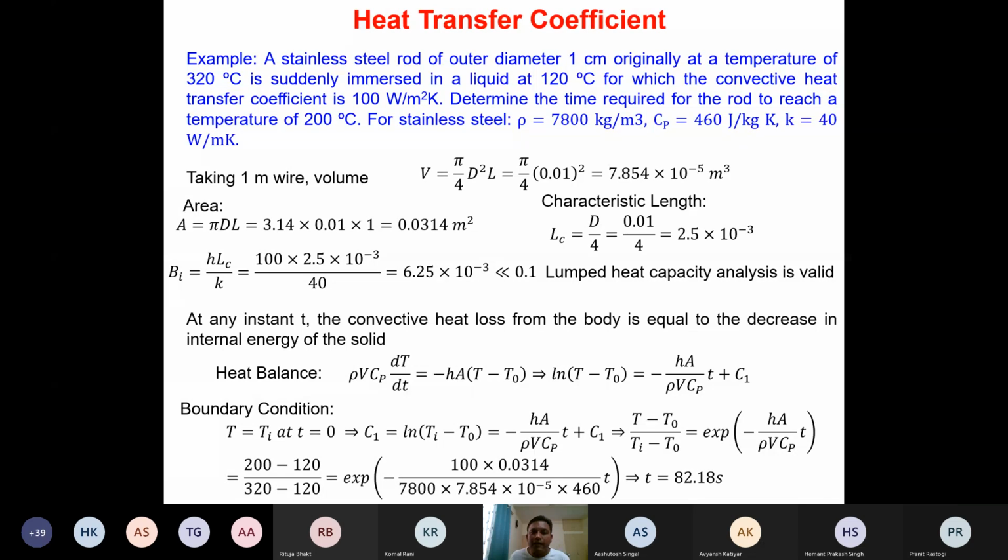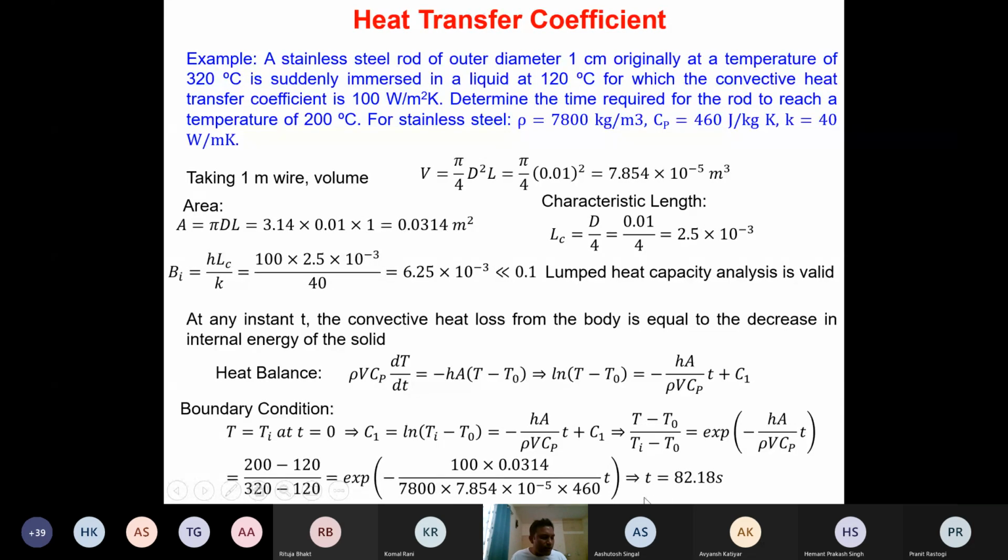That is given as 100. Area we have already calculated. Rho we already know, 7800. Cp we already know, and volume we have also calculated. We put it here. The only unknown is t, so we can calculate t. So t comes out to be 82.18 seconds.